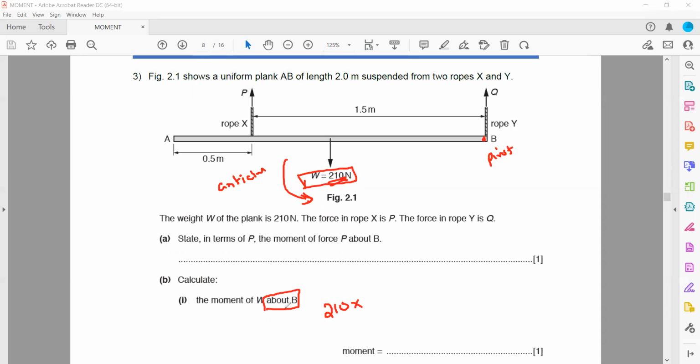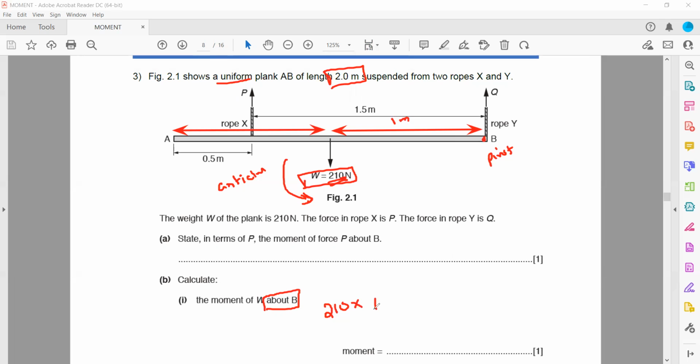How will we identify the distance? The length is 2 meters and it is uniform. Uniform means the weight will act at the center. So if the total is 2 meters, the weight acts at the center. What is the distance of the weight from both ends? That's equal to 1 meter.